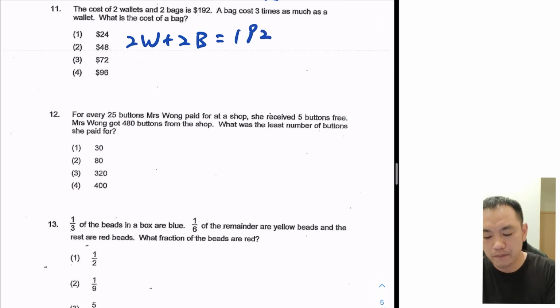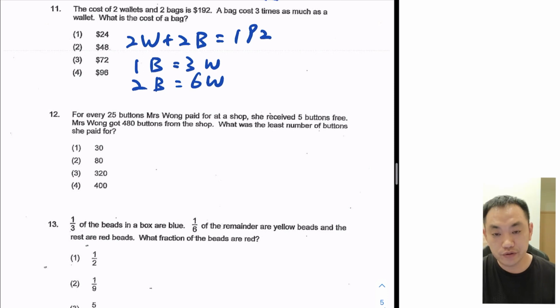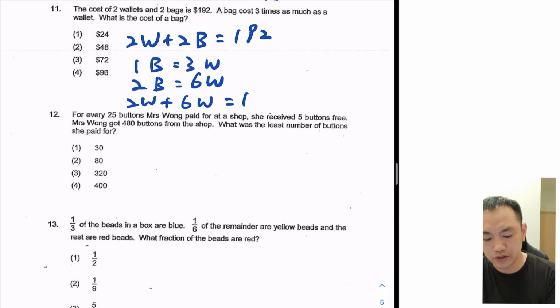But 1 bag equals 3 wallets, right? So if 1 bag equals 3 wallets, then 2 bags can be 6 wallets. Then you can consider the first line: 2 wallets plus 2 bags, which equal 6 wallets, equals 192.